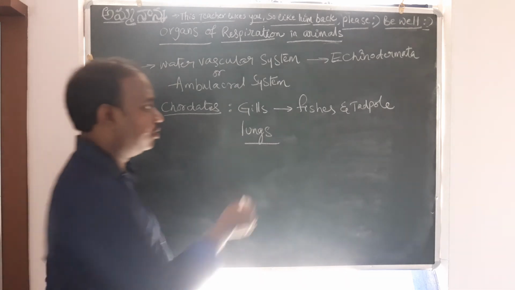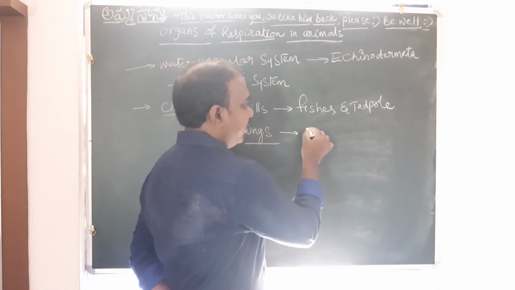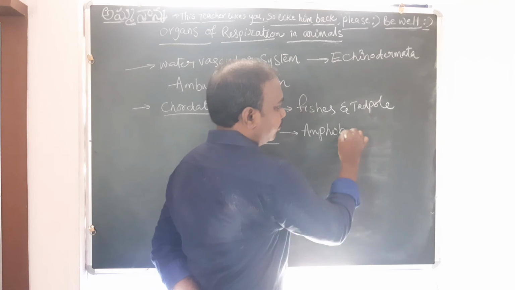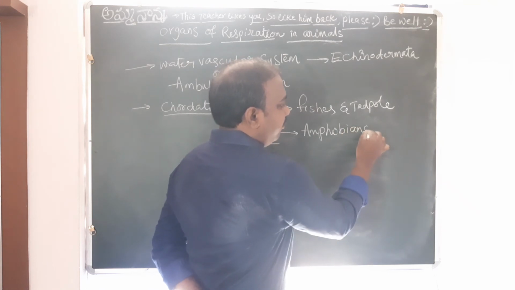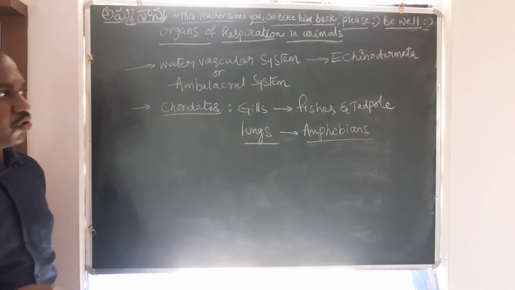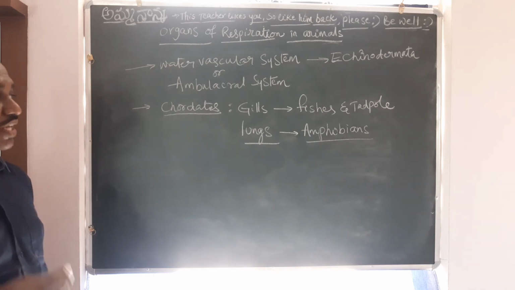The lungs have developed for the first time in the amphibians. Amphibians are the animals which live in aquatic as well as terrestrial mode. So that is where they also have a diverse set of organs for the exchange of gases.